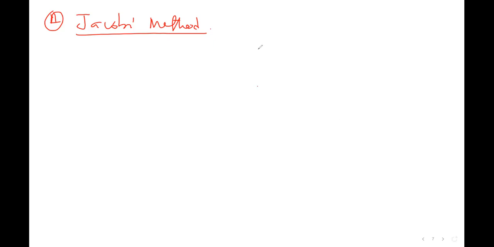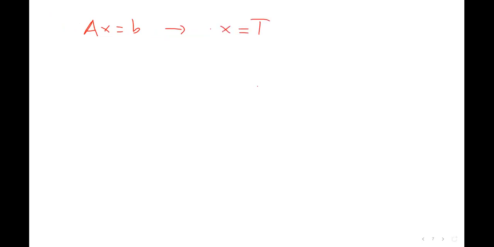So to come back to that, let me first highlight it. You have AX = B, and then you write it as X = TX + C. In this case, your x is A inverse of b.